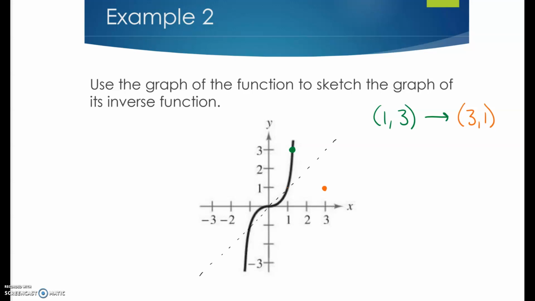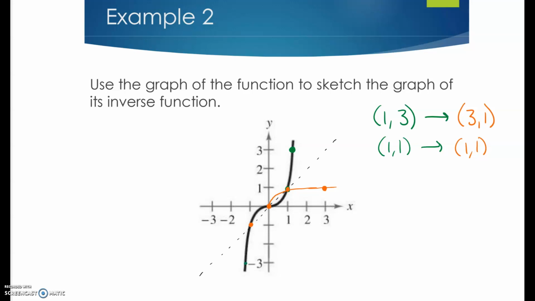Right here, we've got the point (1, 1). What is (1, 1) going to become on the inverse? (1, 1). So that point is also going to be there. So this thing is going to intersect there. Notice this point is (0, 0). So you can already see that this graph is going to come around like that. And then it's going to do the same thing on the other side. So this point is (-1, -1). It is going to also become (-1, -1).